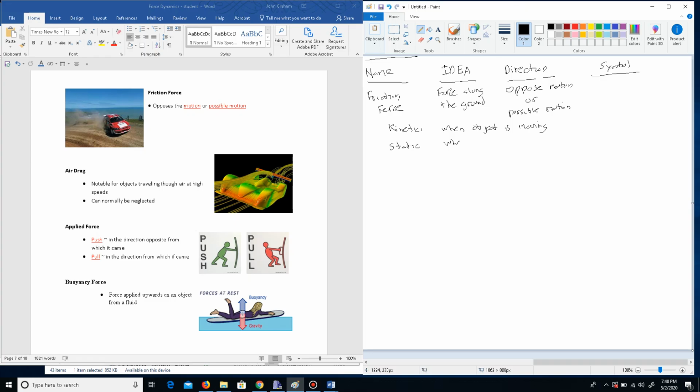This is when the object is not moving but could move if friction wasn't present. Okay, what I mean by that, you have a book on the table, there's no friction there, and this book's not moving, so there's no possible motion.